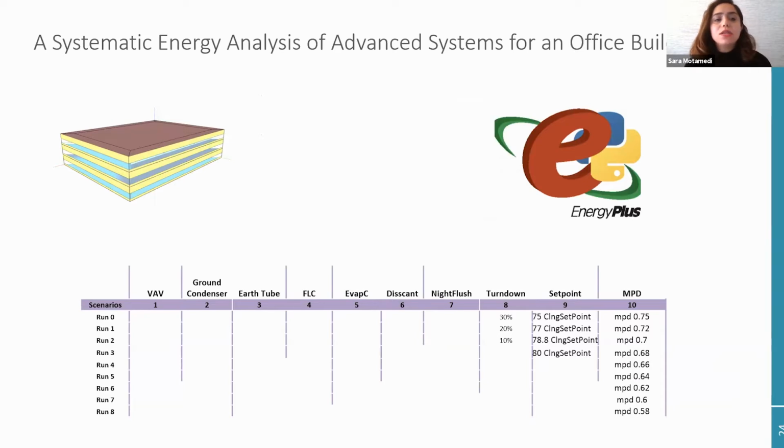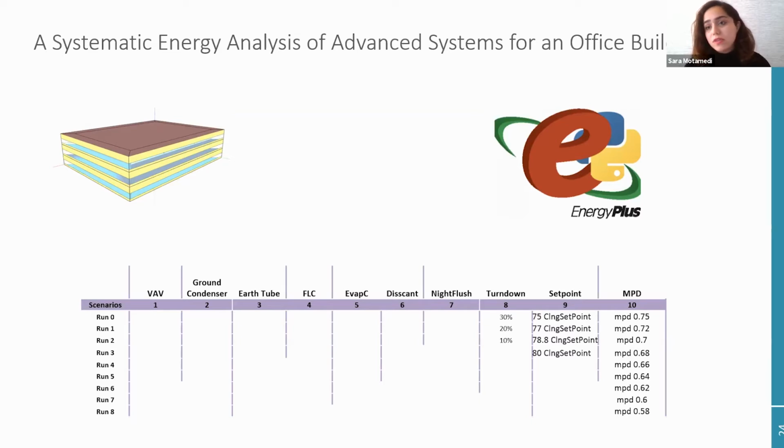So this one is doing the same energy analysis automation, but with advanced systems such as the HVAC system, which will be more complicated. Having an HVAC system combined with natural ventilation, different set points, and different equipment loads. For example, for this client, we did VAV, ground condenser, earth tube, fluid coolers, evaporation cooling, desiccant, and night flush.